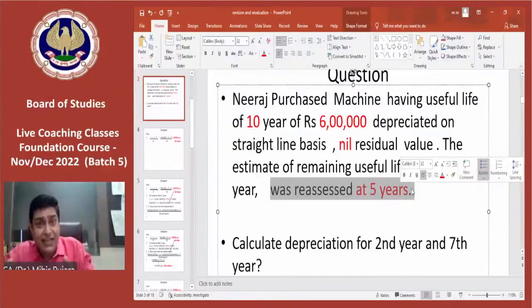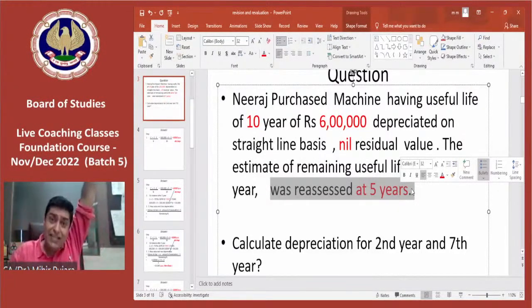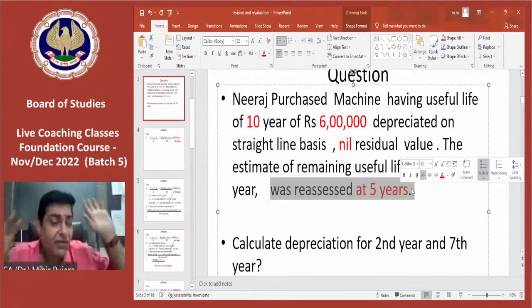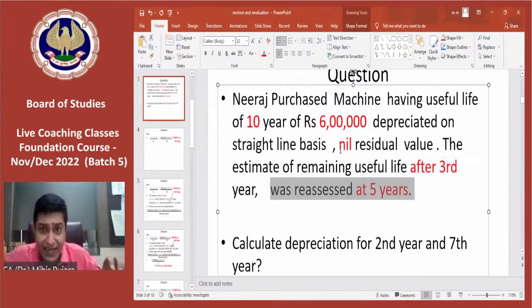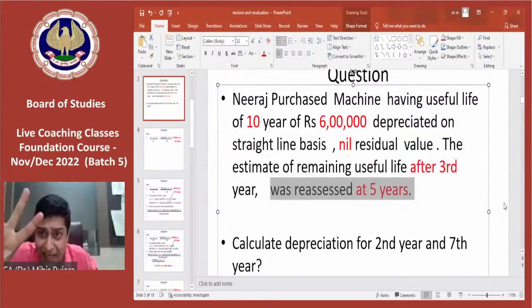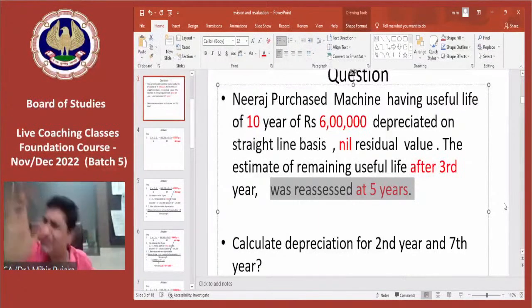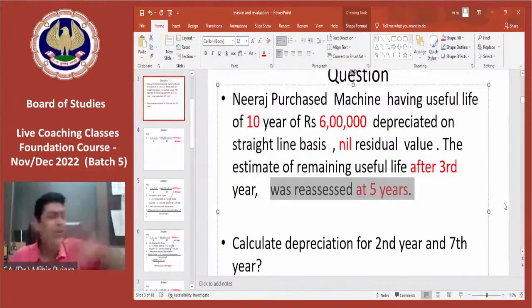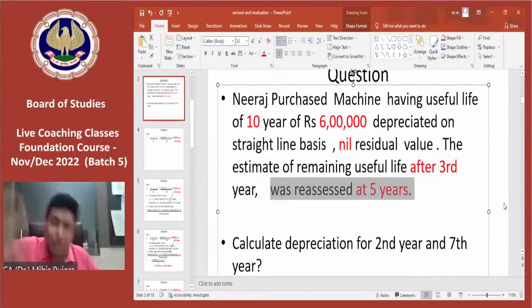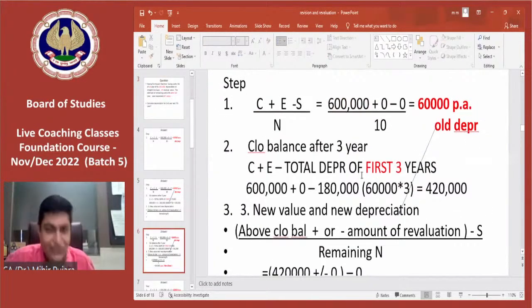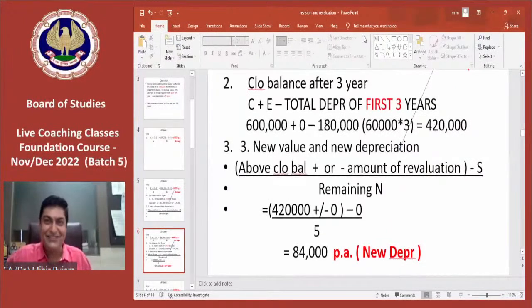So I cannot divide by 7 years; I should divide by 5 years. Understood, friends, how it is 5 years?